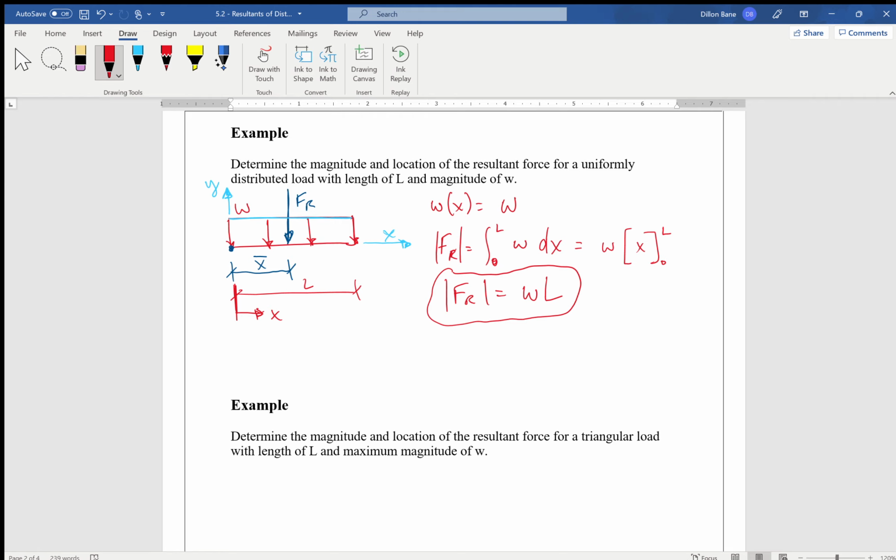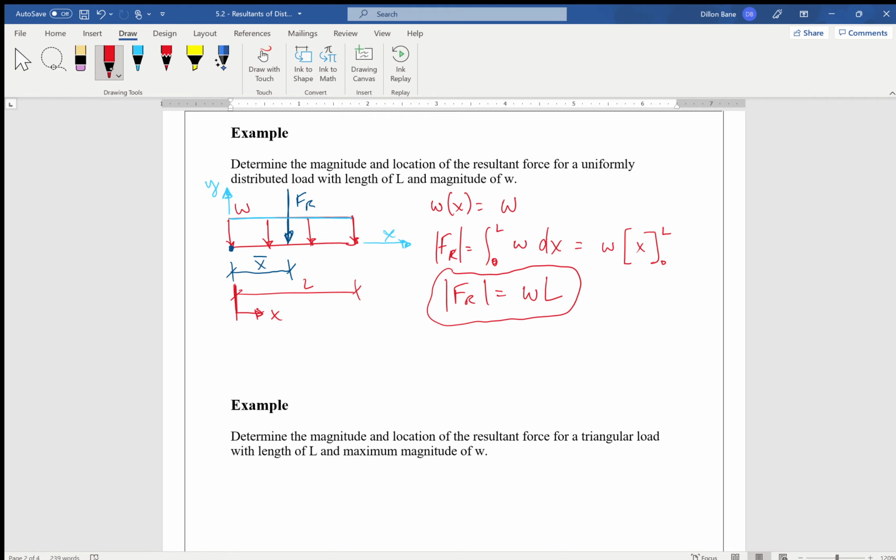Now that we have that, we need to find what x bar is as well. X bar, we said, was 1 over FR times the integral from 0 to LW, in this case just L, of x times W of x dx.